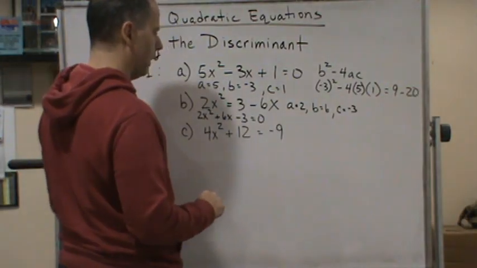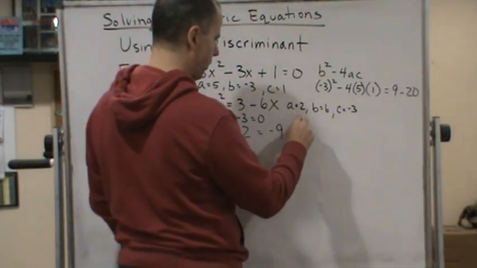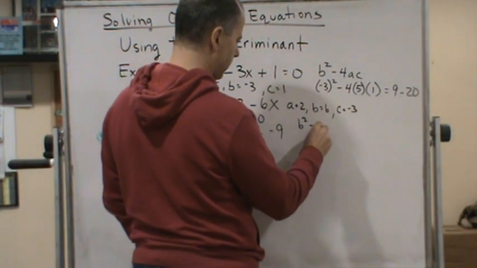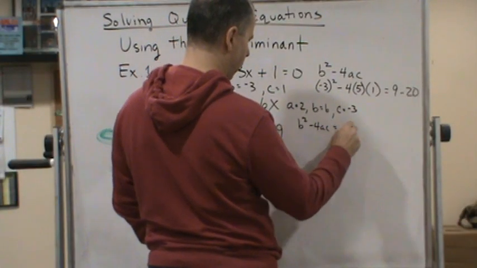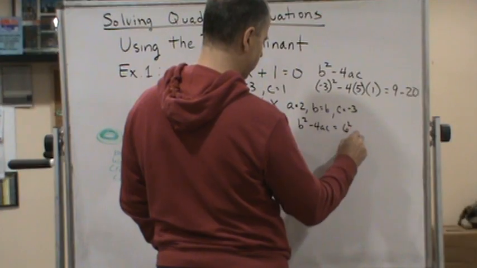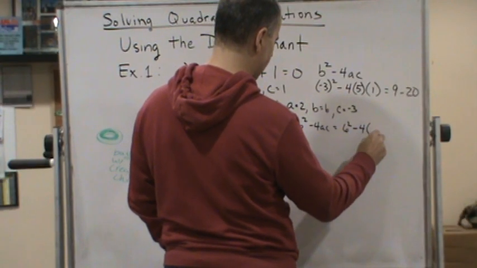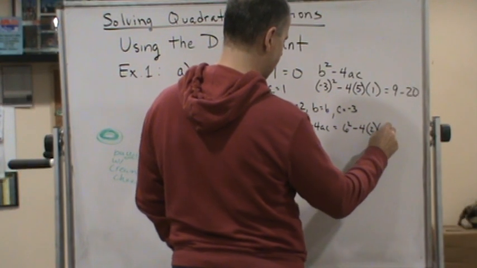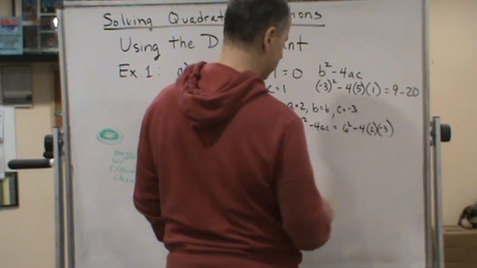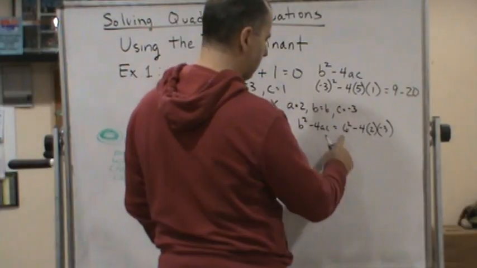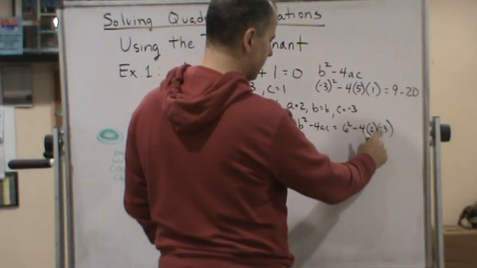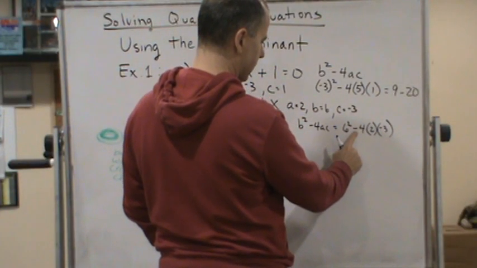Okay? Now I'm going to plug this into my discriminant. So b squared minus 4ac, which is going to be what? 6 squared minus 4 times a, which is 2, times c, which is -3. Now right away, you should see that I'm going to get a positive value because this negative is going to cancel with this negative.